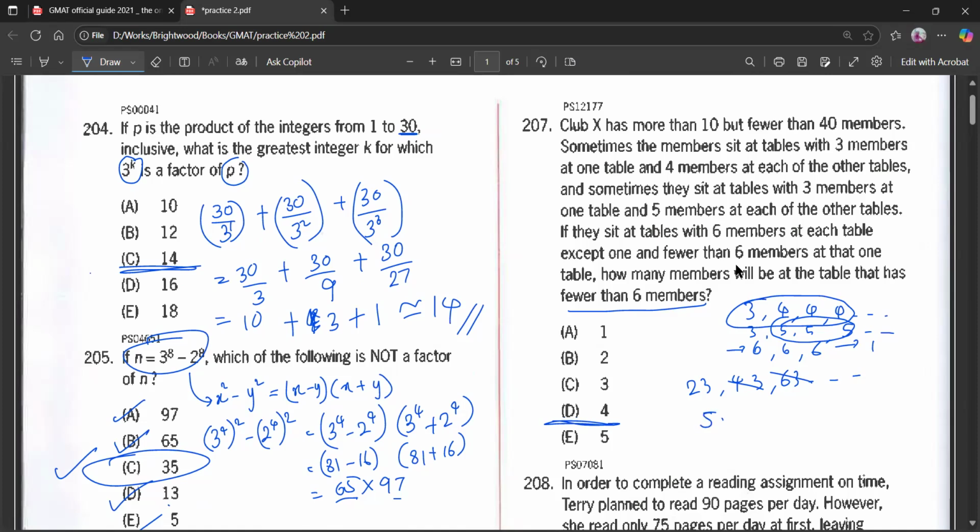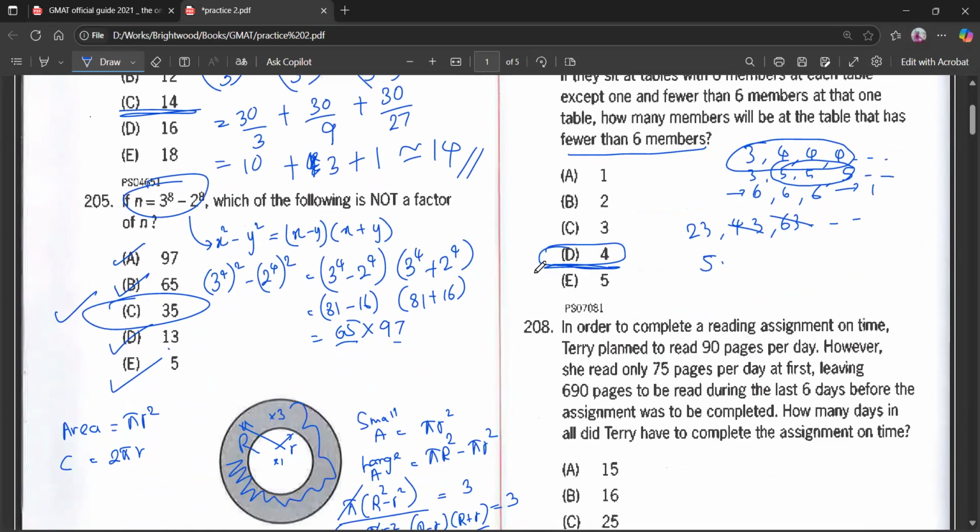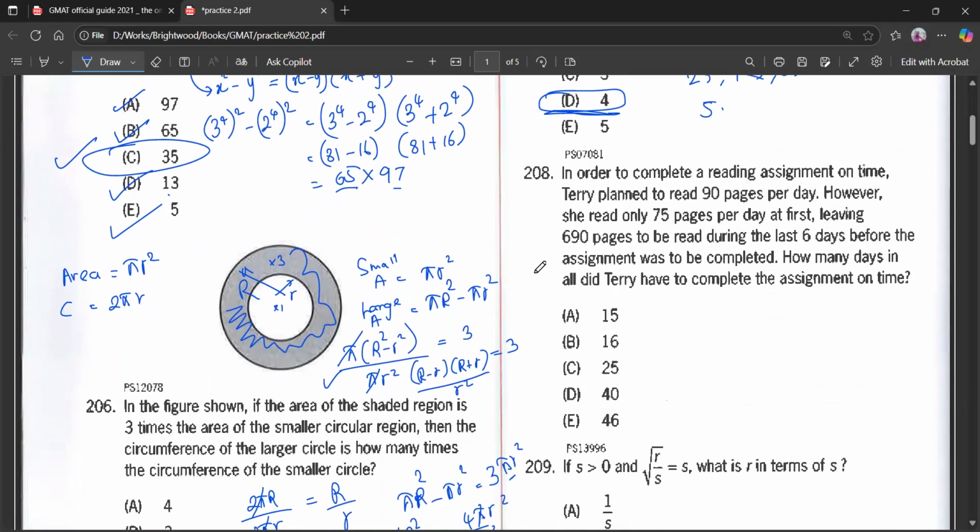Like that, minimum it should be 4. You have to think about the maximum value there.